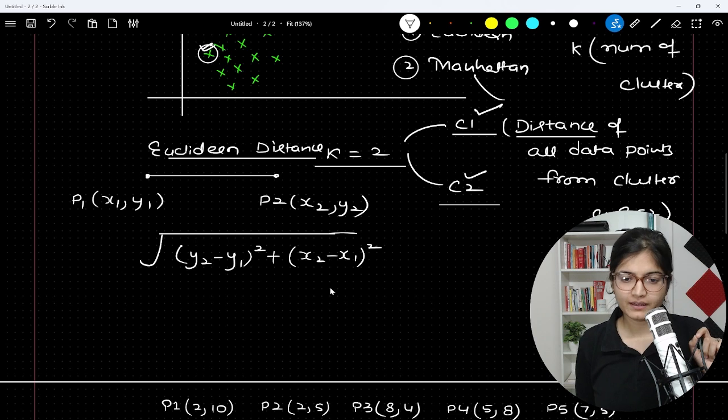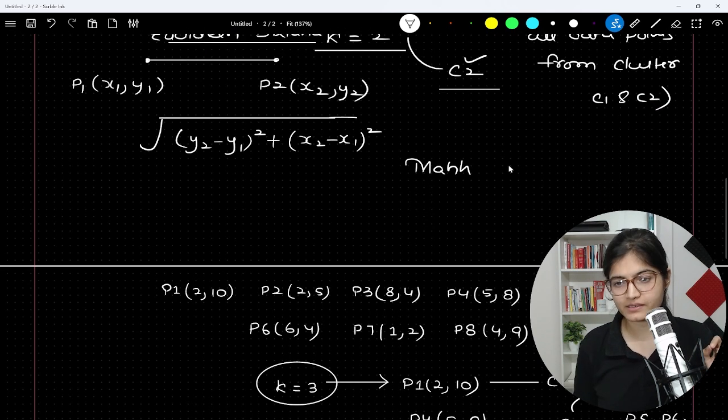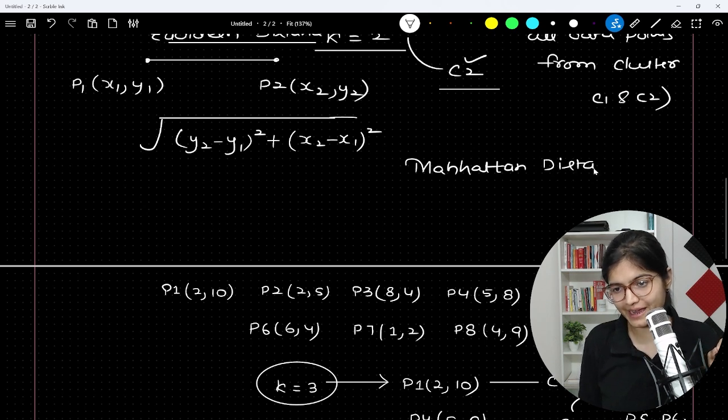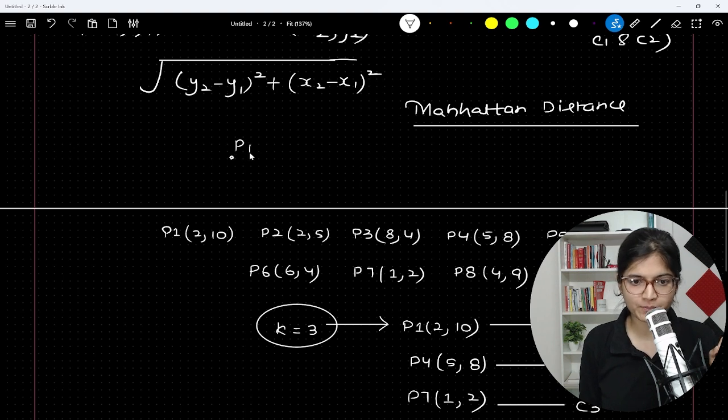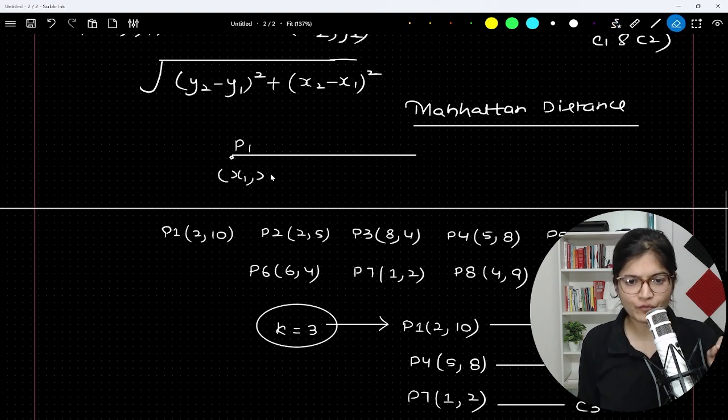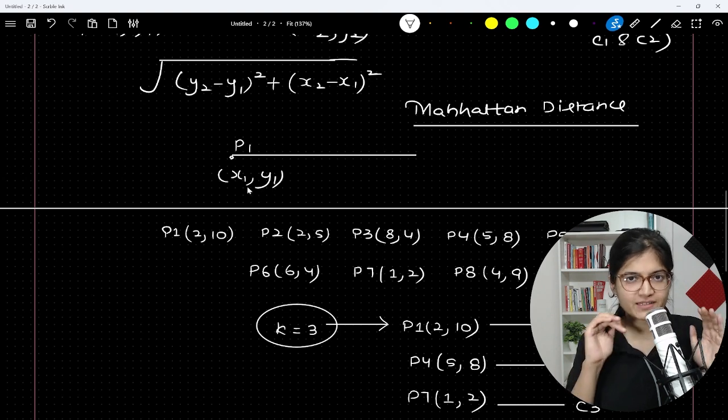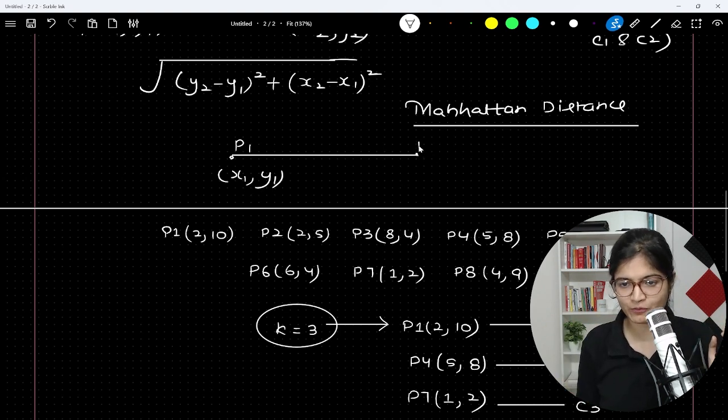Second way could be the Manhattan distance. This says that let's say again you will be having 2 points. Point P1 having value x1 comma y1. Obviously, as of now, we're dealing with the two axes only, x and y. So that's why I'm taking x1 and y1.